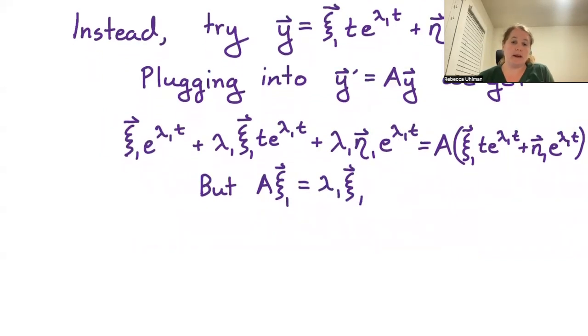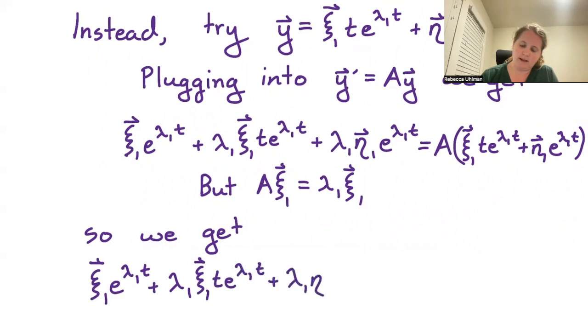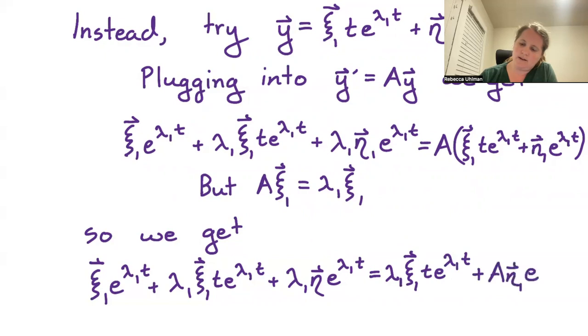And so we get psi 1 e to the lambda 1t plus lambda 1 times psi 1 t e to the lambda 1t plus lambda 1 times eta 1 e to the lambda 1t is equal to lambda 1 times psi 1 t e to the lambda 1t plus A times eta 1 e to the lambda 1t.